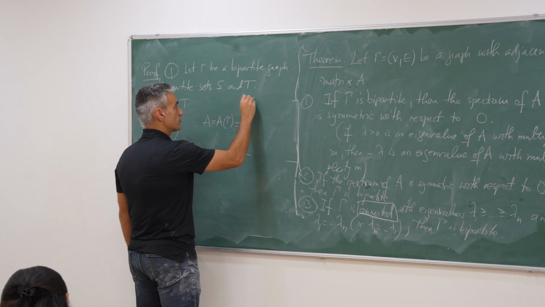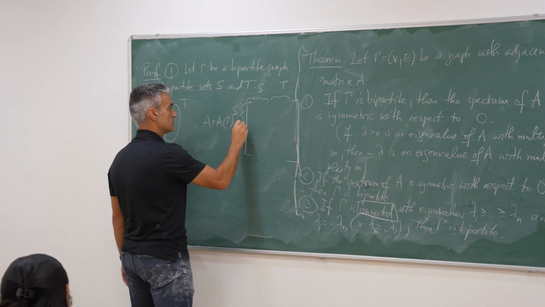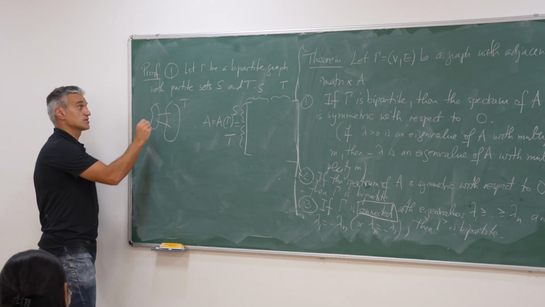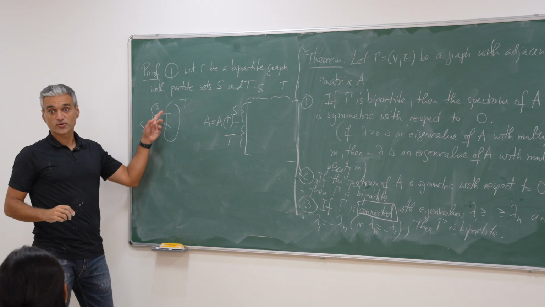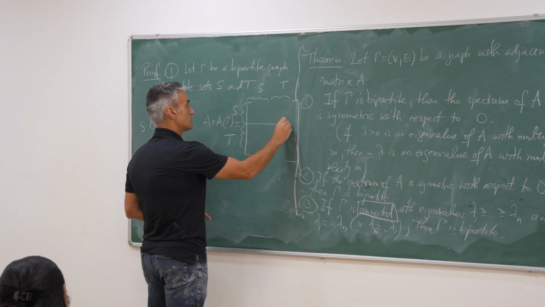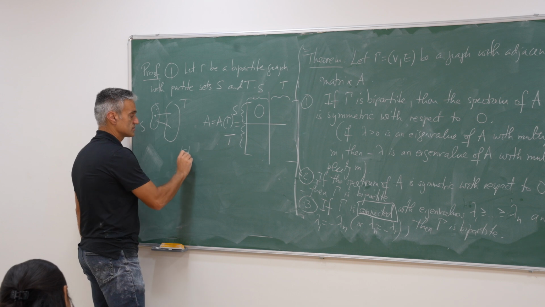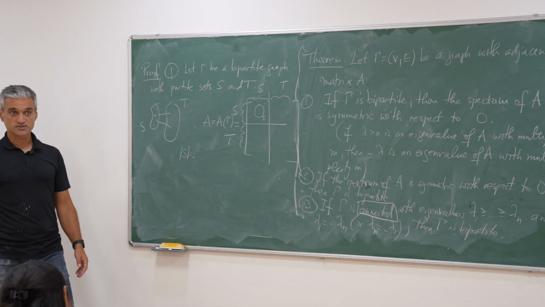I want to put first the vertices in S, followed by the vertices in T. The reason I do that is because in S, I know what happens: there are no edges. So here I will have a 0, and let's say the cardinality of S is s, so this is the s by s zero matrix.